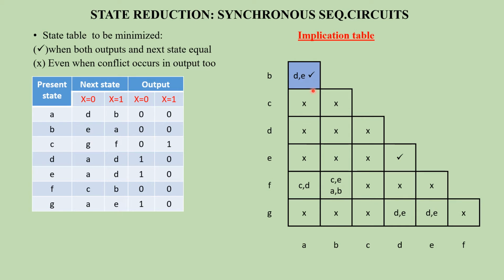So which is pulling this A and B also as an equivalent state, right? So wherever you have D comma E, put a tick mark, which means that you are indirectly saying that those states are also equivalent states. So DG is becoming an equivalent state and EG is also becoming an equivalent state, right?